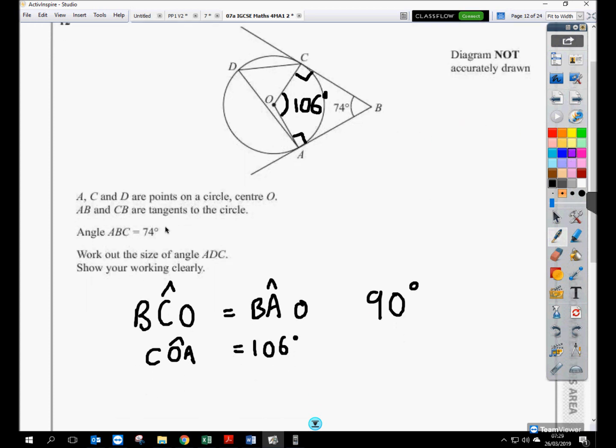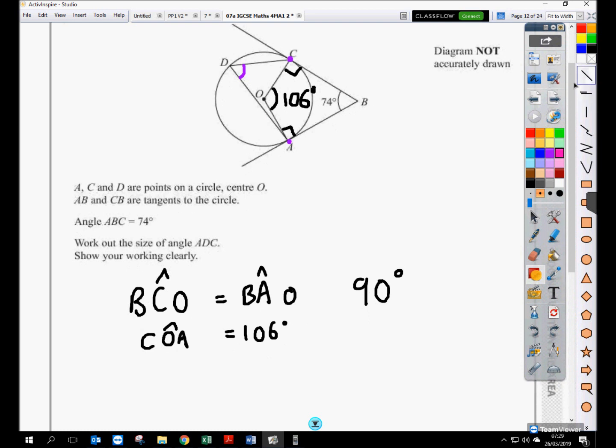And finally, we want angle ADC, that's from A to D to C. What you need to do is have a look at where the points start. The points start at A and C. If I go over this with my highlighter, we can start at A and go to O. We can start at C and go to O. That goes to the center point of the circle.